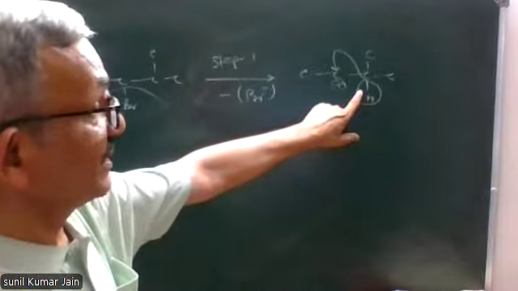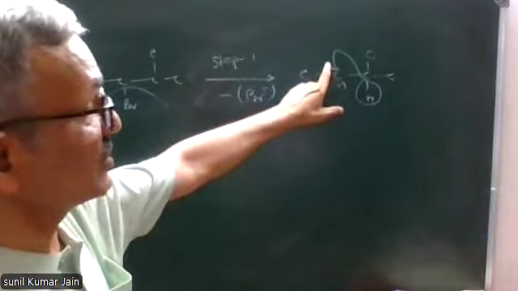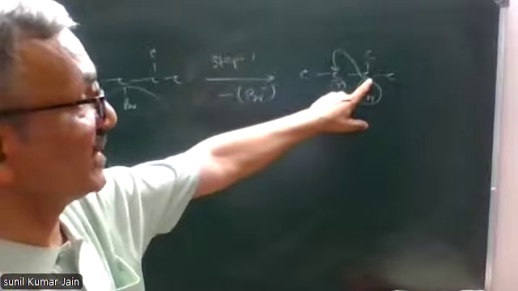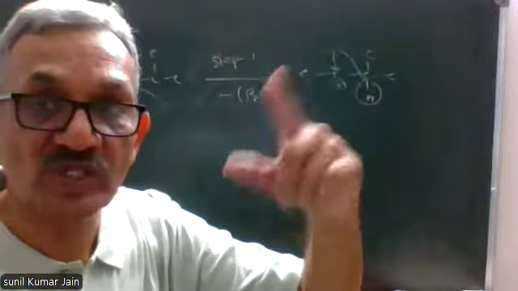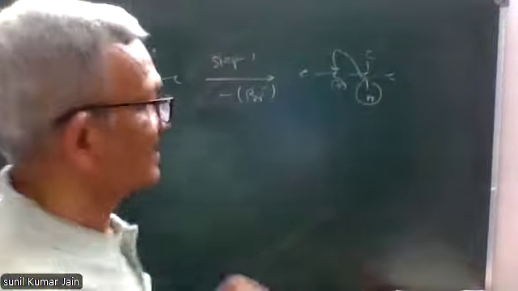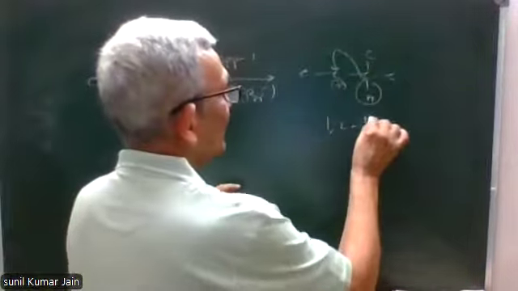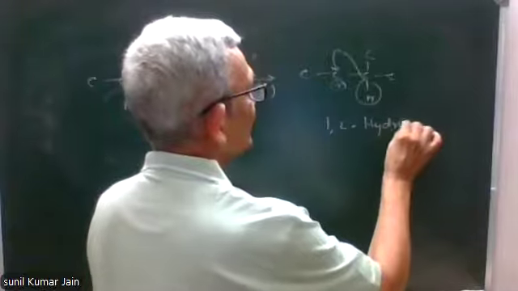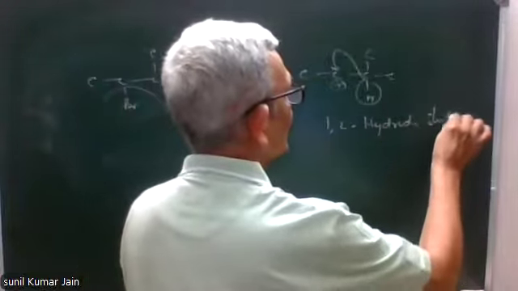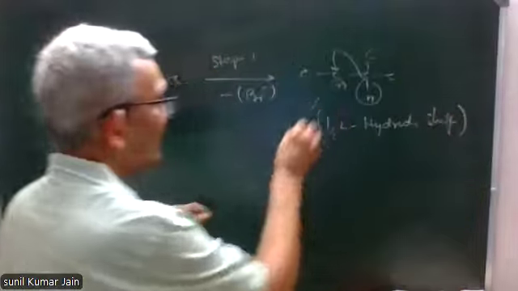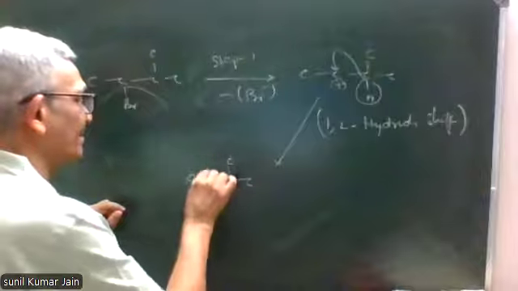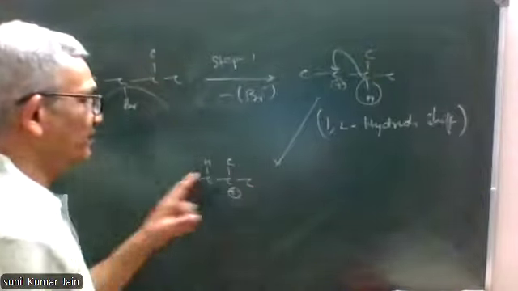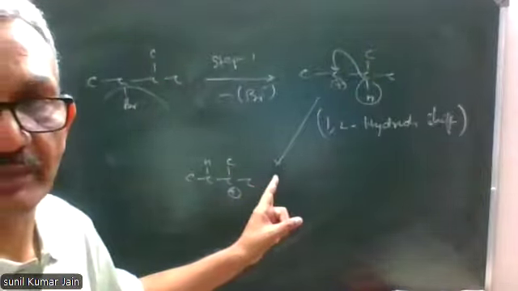But if this H minus goes to this carbon atom, then positive charge will come on this carbon atom and lead to the formation of a more stable tertiary carbonium ion. This is 1,2 hydride shift, and this will lead to the formation of a more stable tertiary carbonium ion.